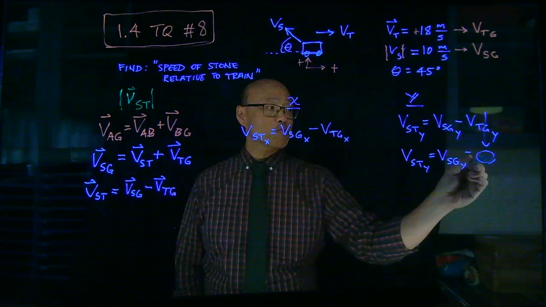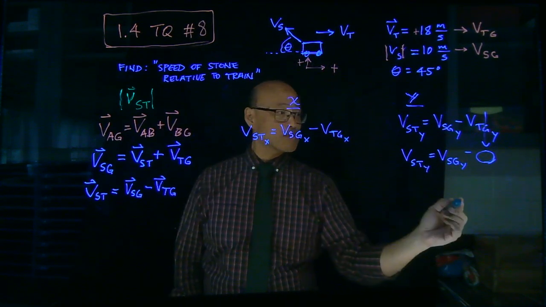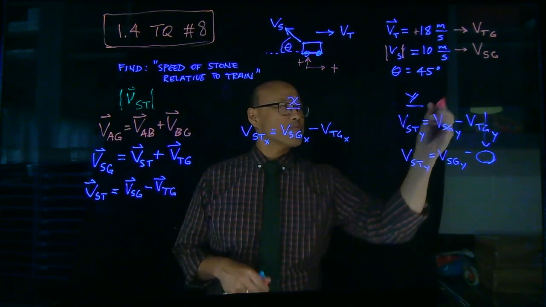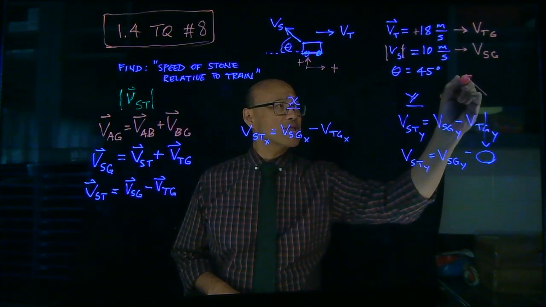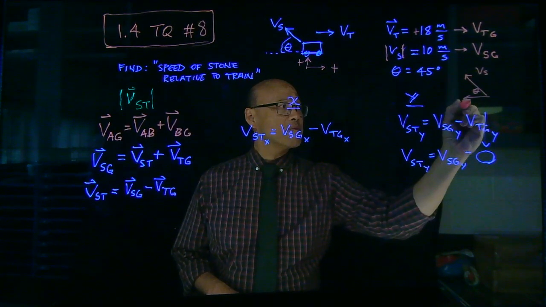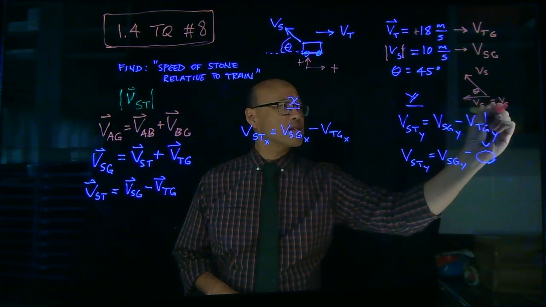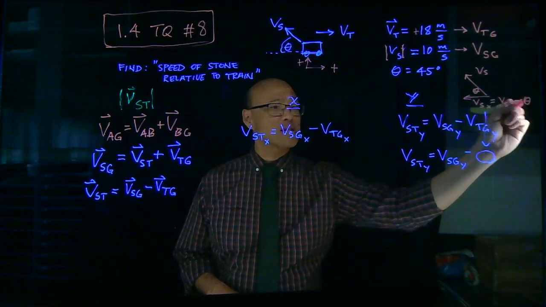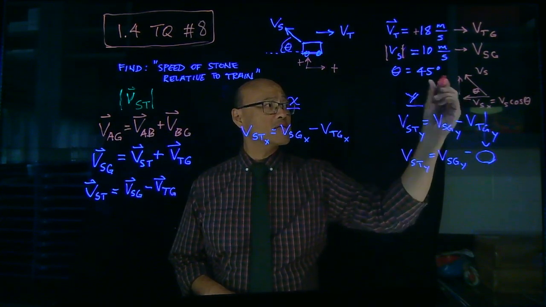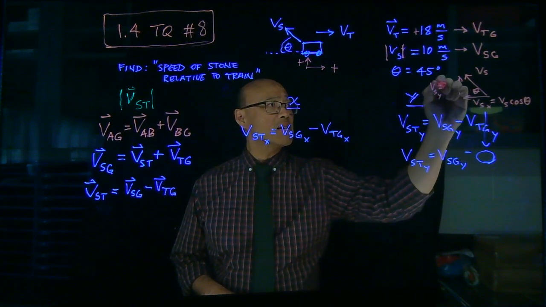So now comes vector math. And hopefully you can do this pretty quickly. But if you look at this vector, I'll draw a little side drawing here. If VSG is at an angle theta that way, then VSX is going to be VS cosine theta, and VSY is going to be what?